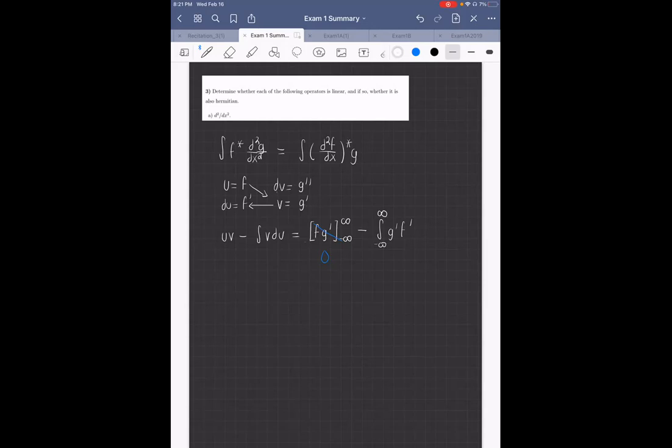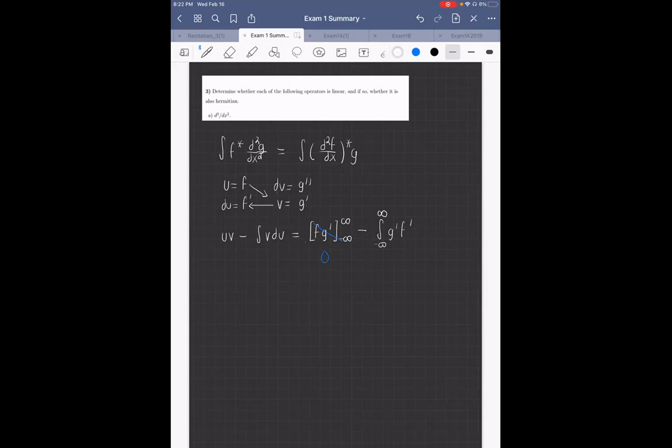What I'm basically saying is you're just going to do this once if it was the first derivative, because all I'm doing is taking the derivative off of g once and putting it onto f once. Since we have a second derivative, we're taking the derivative off of g two times and putting it onto f. Does that make sense? Yeah, I got it that time.